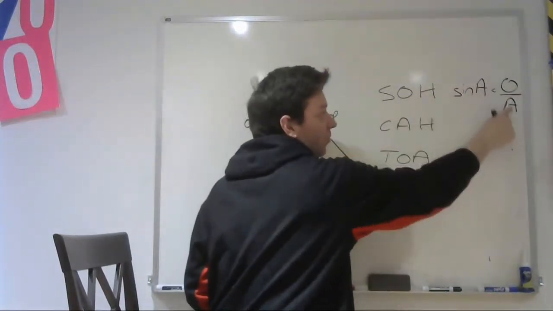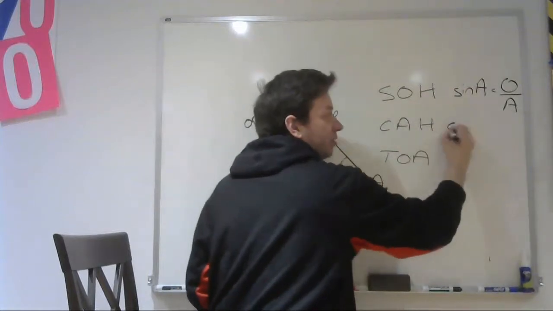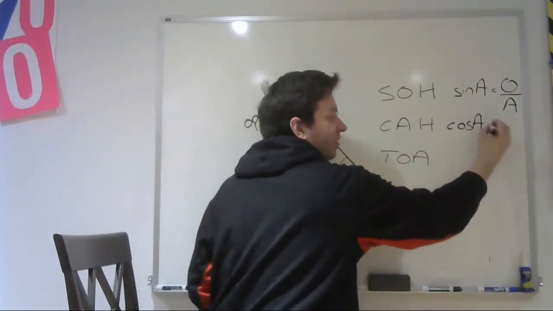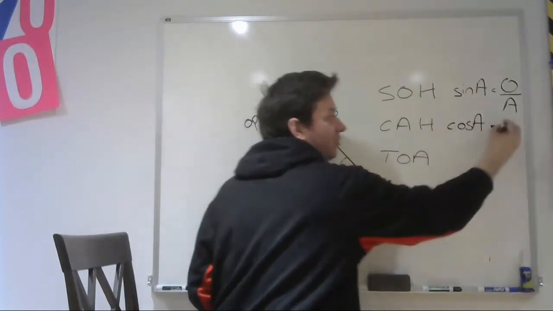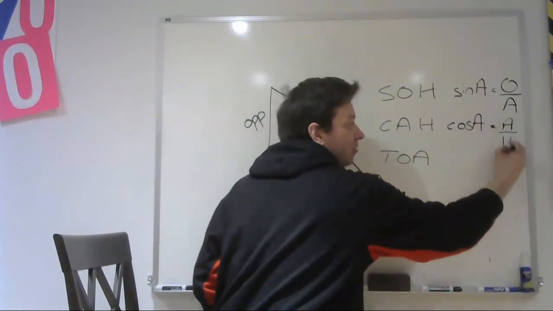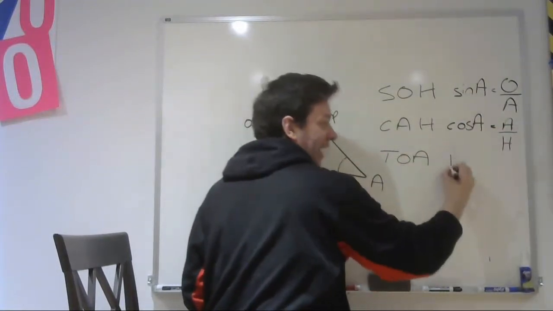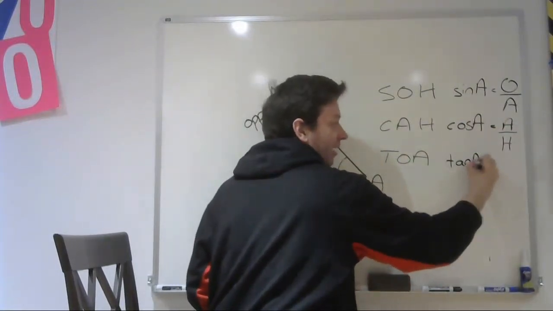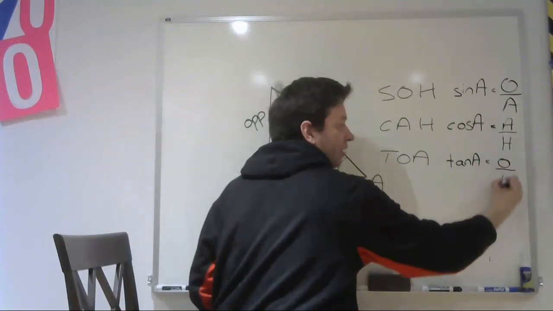So SOH, CAH, the cosine of that angle A equals adjacent over hypotenuse, and TOA, the tan of angle A equals opposite over adjacent.